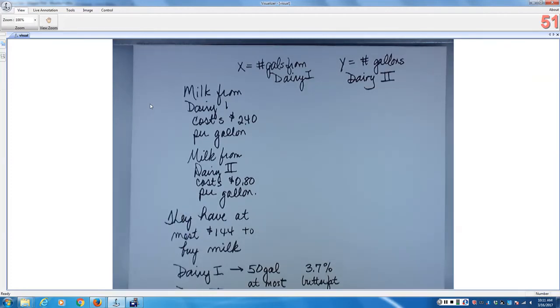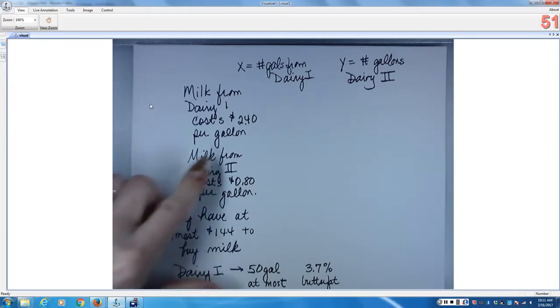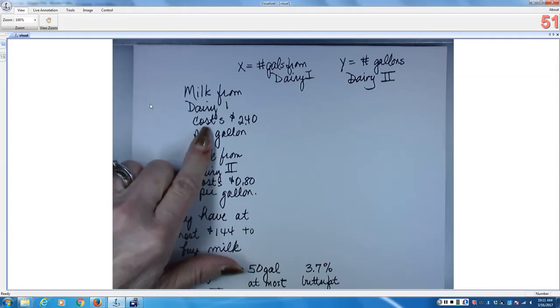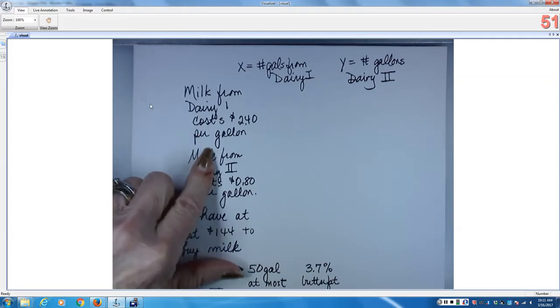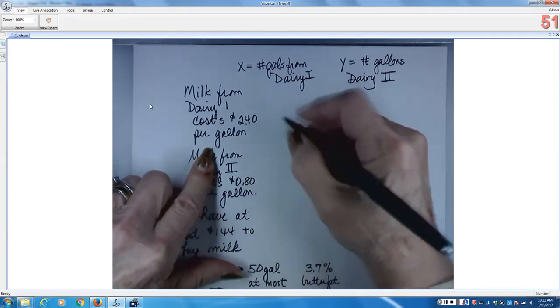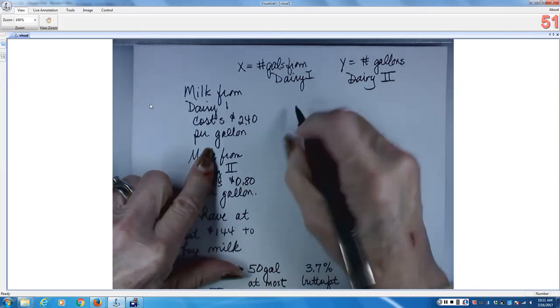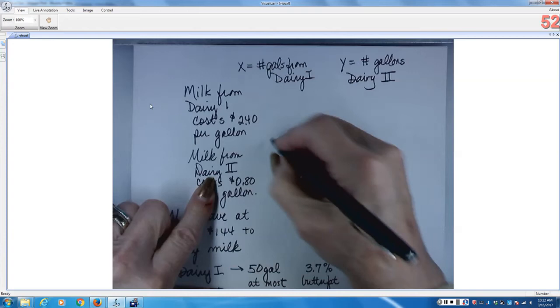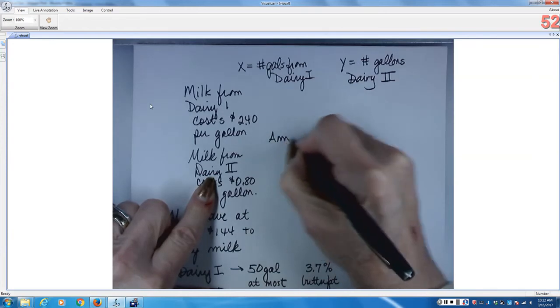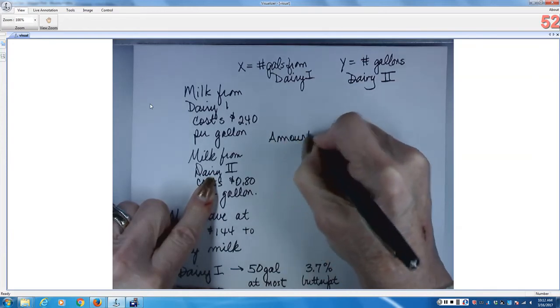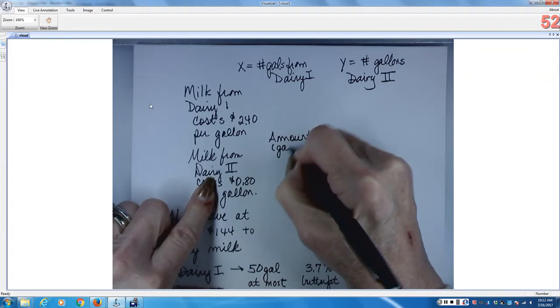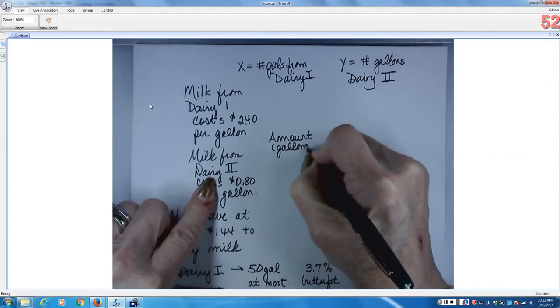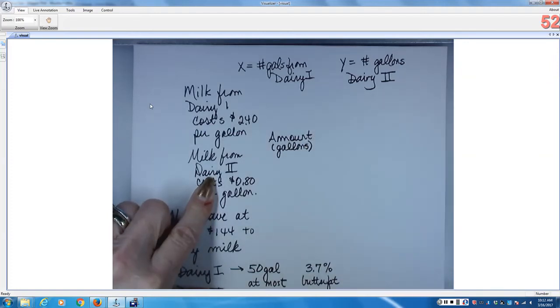We may not be able to answer all these questions, but I'll at least get you set up with it, and then I'll add this problem to the recording of the other one. So milk from dairy 1 costs $2.40 per gallon. You're going to have one equation that's going to be the amount they buy, the amount of milk.